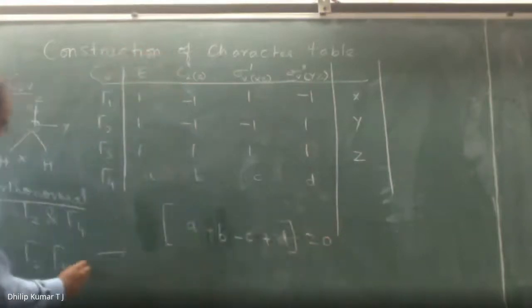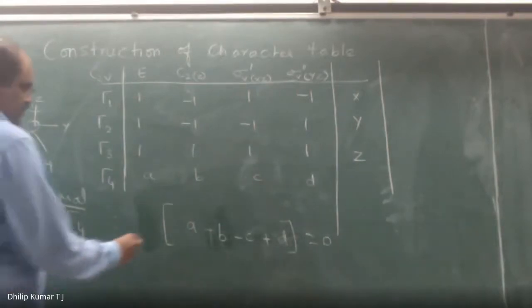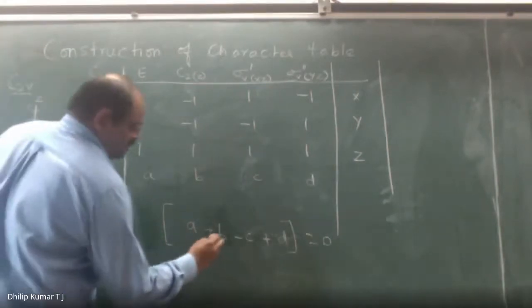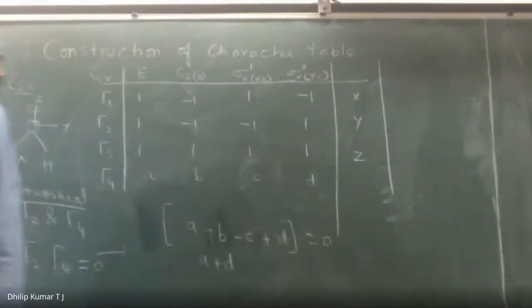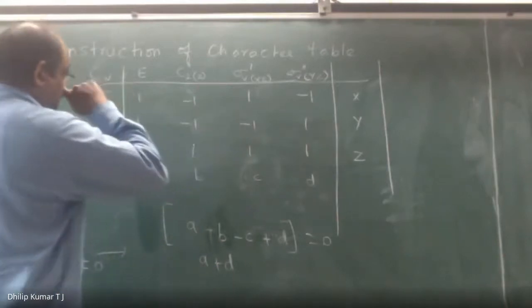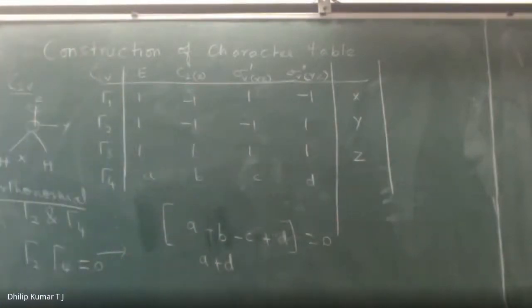This is the property we consider: if you take the product of two different IRs, it should be equal to 0. So we can write A plus D equal to B plus C. Maybe I've taken a wrong combination. I can take some other combination.